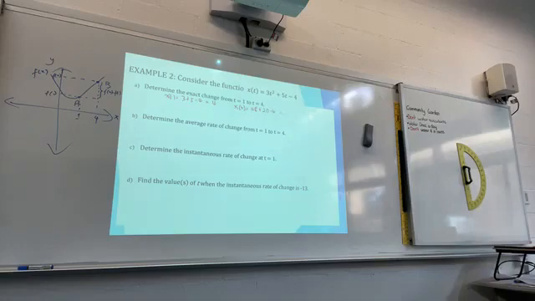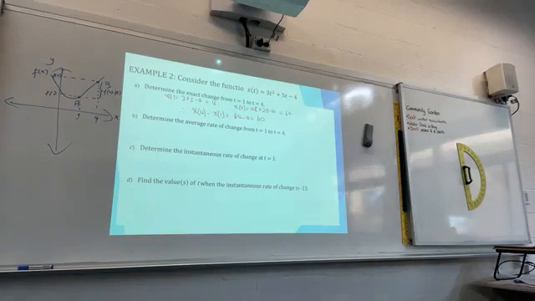So you've got 16 plus 48, 64. Therefore the exact change, x4 minus x1, equals 64 minus 4, which is 60. That is the exact change, the change in y.